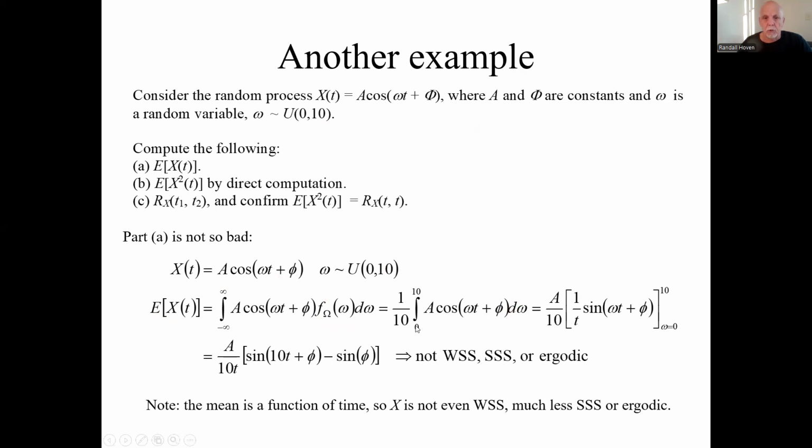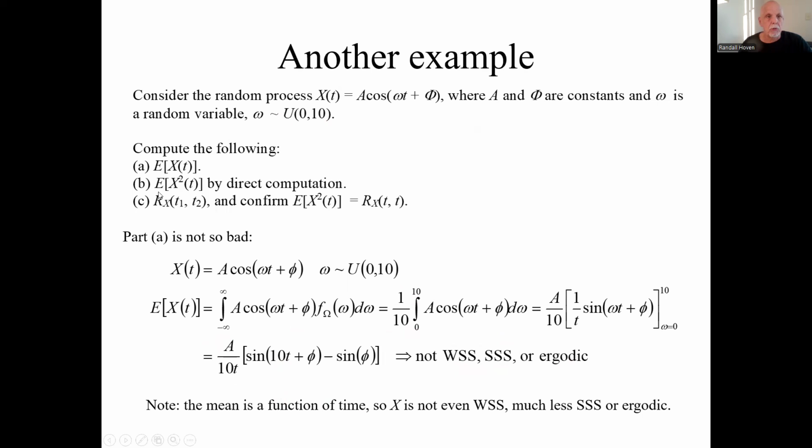And it's just constant from 0 to 10. Here is the integral you need to take. That's not too bad, but here's the answer. And you can see it's a function of time, so it's not wide sense stationary, so it's not strict sense stationary, so it's not ergodic.